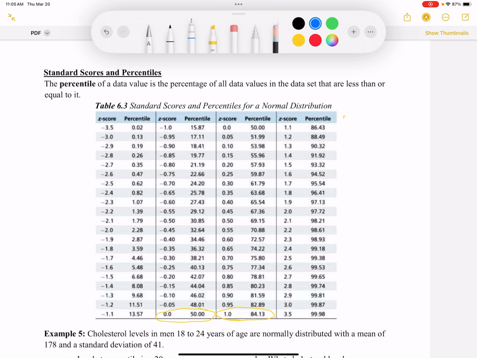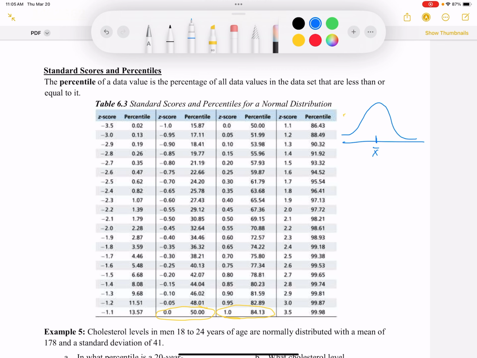All right, let's do this again. So we got a normal curve. I'm going to have to draw it condensed up. We got our mean, right? The mean right here. Let's say I go 2 standard deviations below. So the z-score would be negative 2, right? Now I know if I go 2 above and 2 below, from the empirical rule, that tells me 95% of the data.